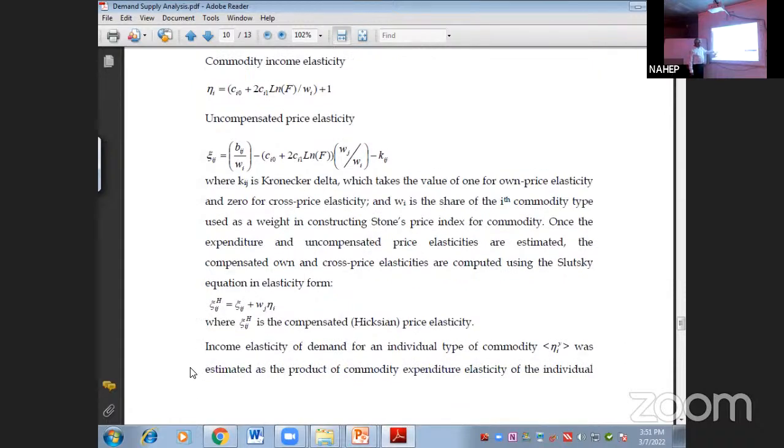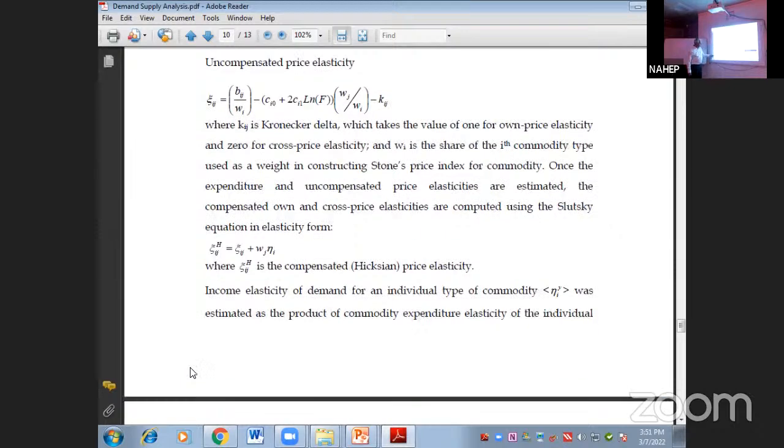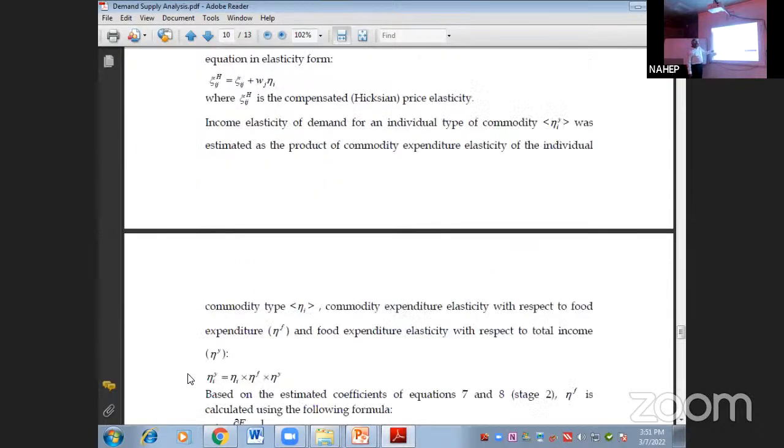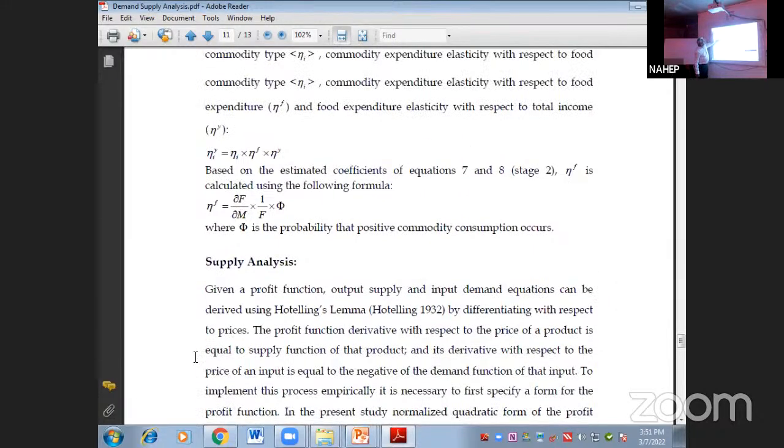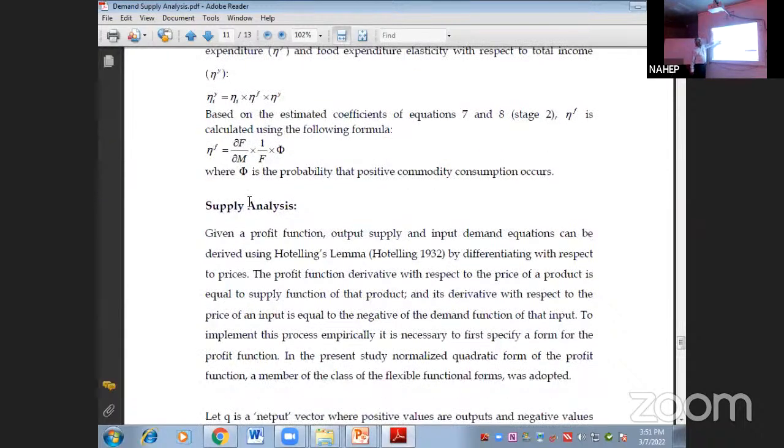You get the compensated elasticity and the uncompensated elasticity. Then you get all the elasticities and multiply them, so you get the income elasticity of the subgroups. And if you know the probability of using that commodity, that theta, you multiply it.